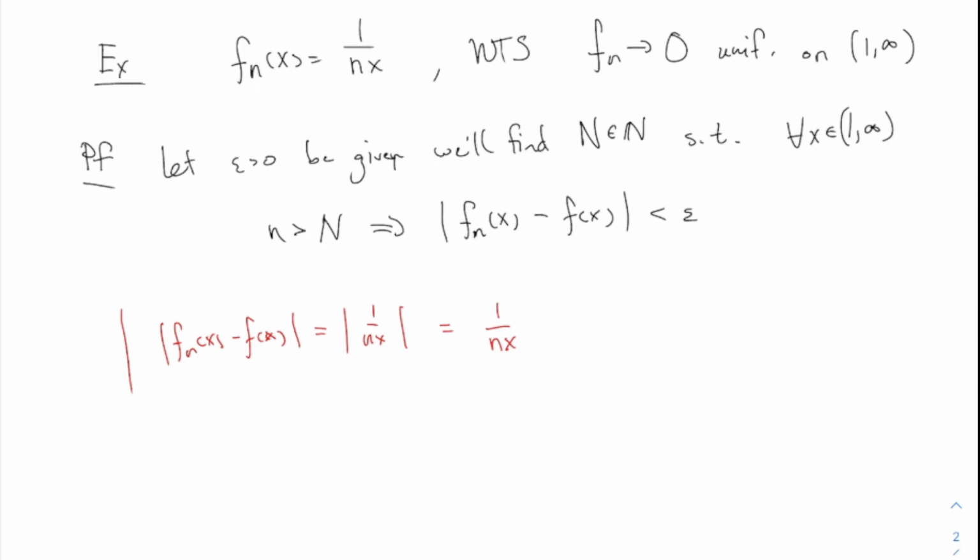Right here is where I messed up last time. Actually, what I wrote at this point was not false, but it was just bad for the sake of this proof. Right here, I'm going to say less than 1 over n, since x is greater than 1.